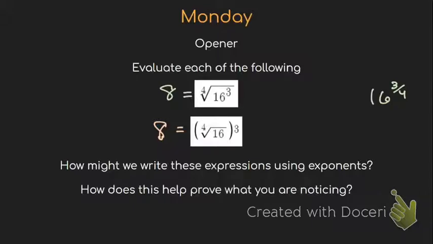Okay. Could somebody tell me a way to rewrite the fourth root? How could I write that with an exponent? Ryan? So that would be the power of 1 over 4. The fourth root is the 1/4 power. That looks like 1/9.